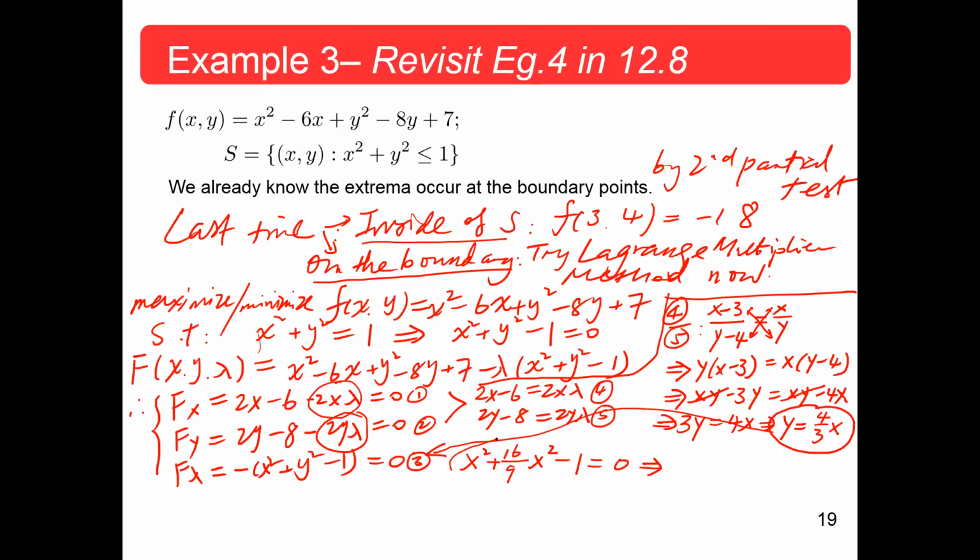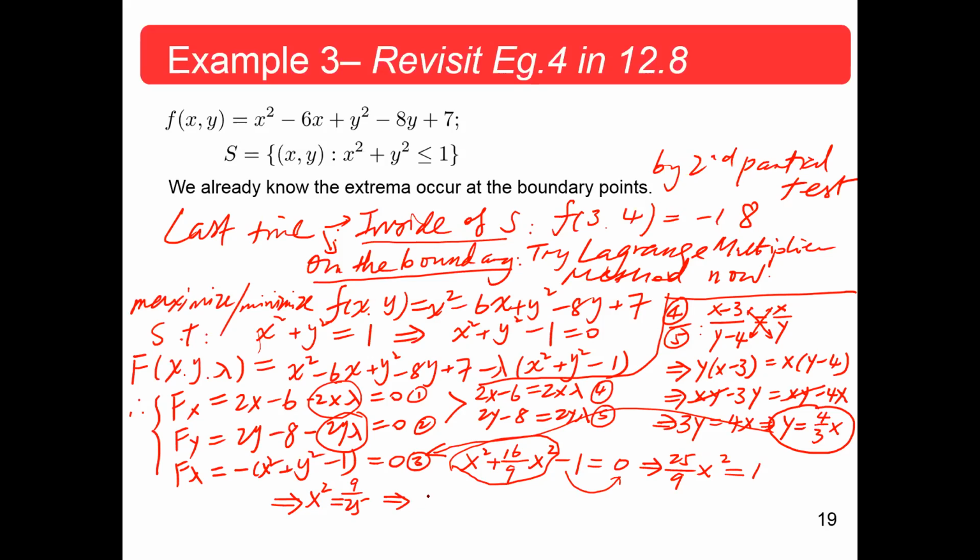Okay, so you can combine these two x squared terms. It's 1 plus 16 over 9, so that's 25 over 9 x squared equals 1, with the negative 1 moved to the other side. Which tells us x squared would be the reciprocal of 25 over 9, so it's 9 over 25.